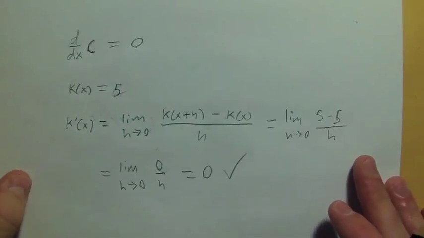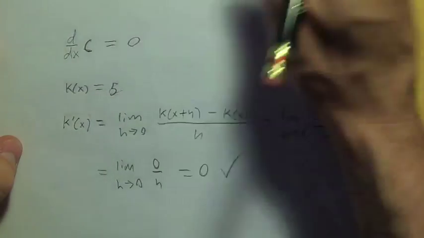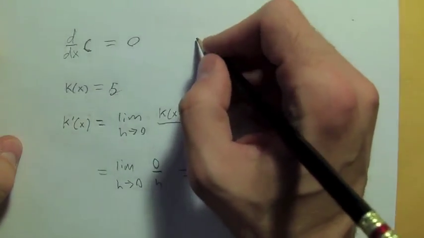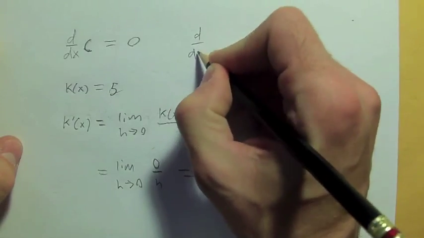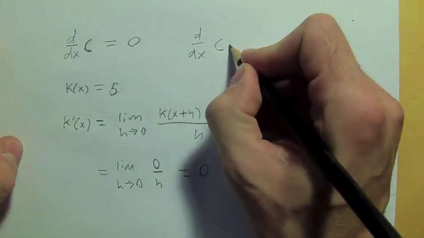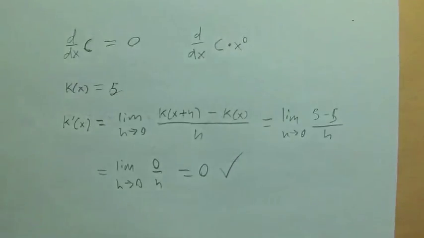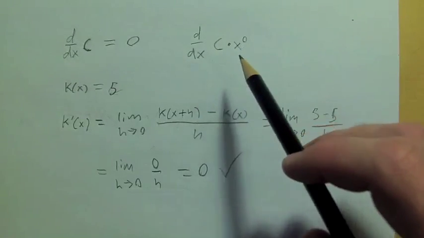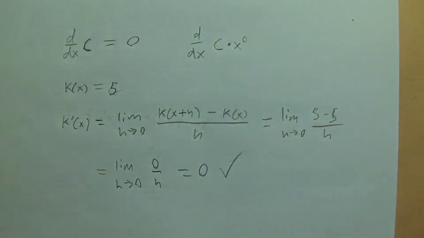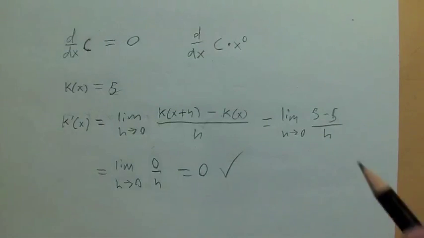Another way to think about it is that you can always think of a constant as actually being an x to the 0 sitting right next to it. In a polynomial, you have the powers going down from n to whatever, and the constant term you can always think of as x to the 0.